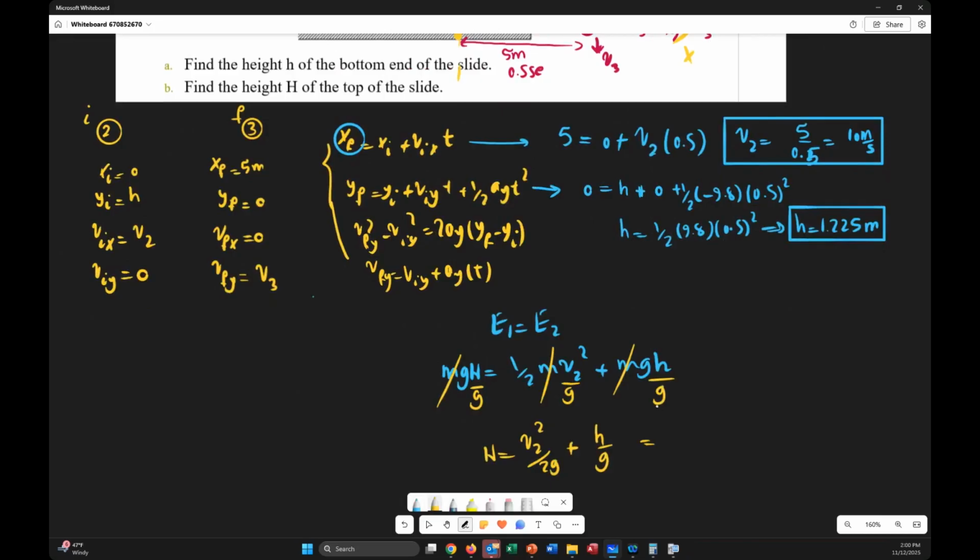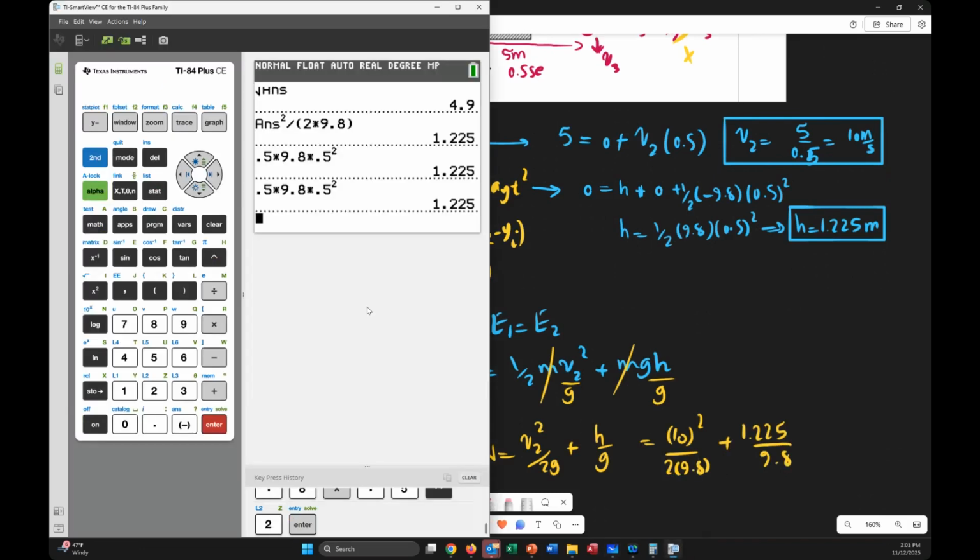What is the velocity squared? 10 to the power of 2 divided by 2 times 9.8, plus the h we calculated, 1.225 divided by 9.8. Just calculate this one: 100 divided by 2 times 9.8.